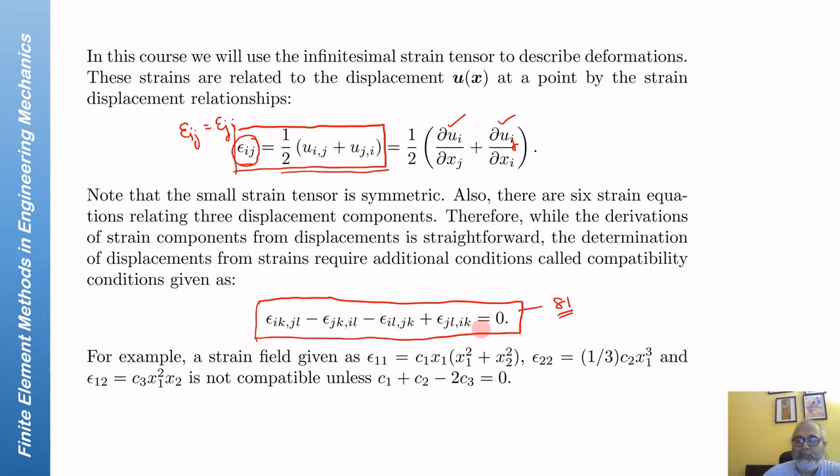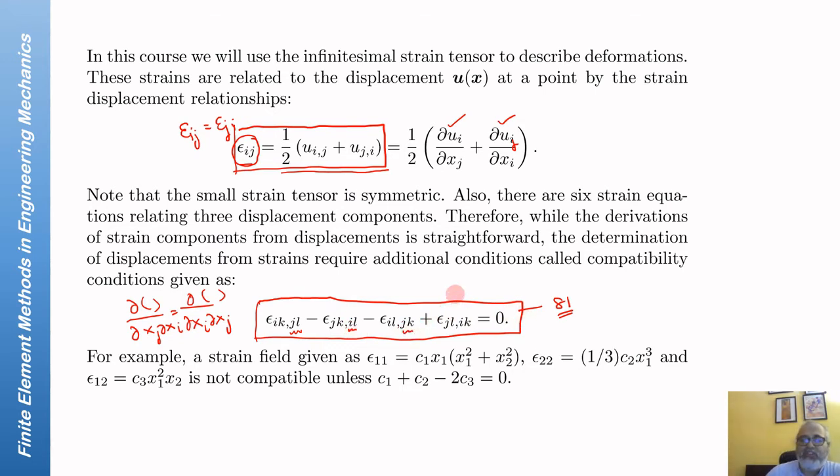But many of them, in view of the symmetry of the strain tensor, and also the fact that del xi del xj of something is the same as del xj del xi of the same function, because the order of differentiation can be reversed, and you also have a symmetry with respect to these two indices.